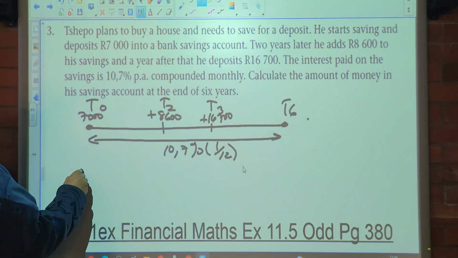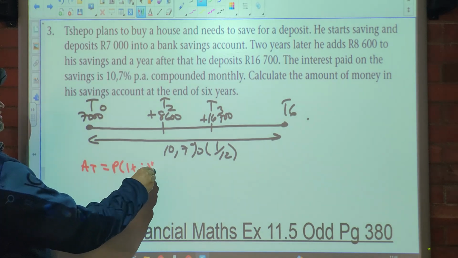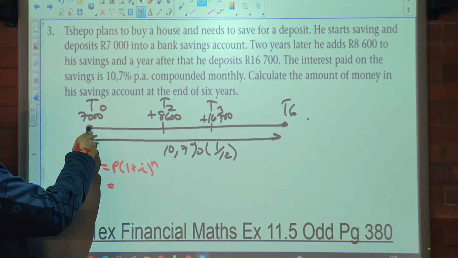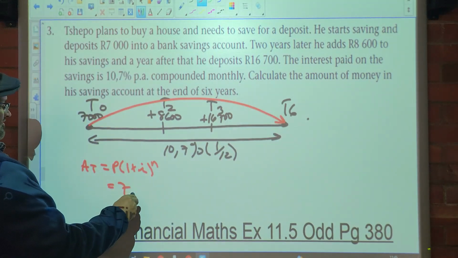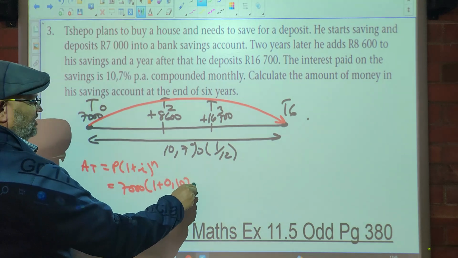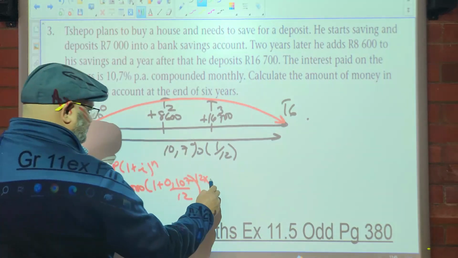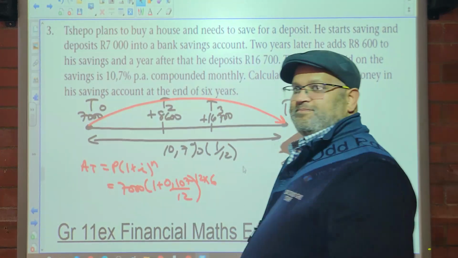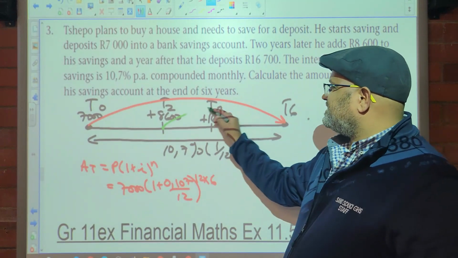Right. So let's go. A total is going to be P into 1 plus i to the exponent n. Can I take 7,000 to the end? Yes. So it's going to be 7,000 into 1 plus 0,107 over 12 to the exponent 12 times 6. Do you agree with that? Right. Now we can take 8,600 to the end.